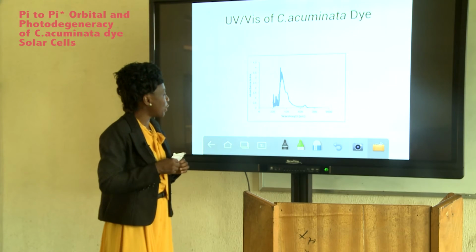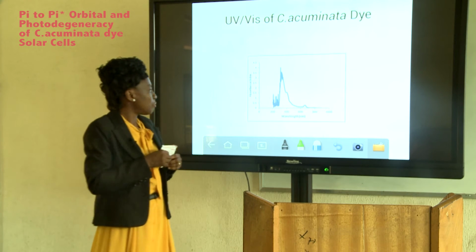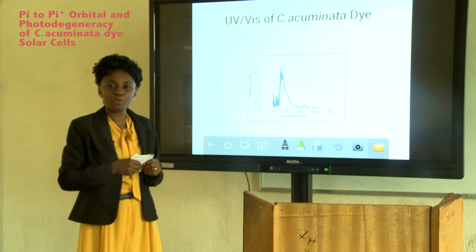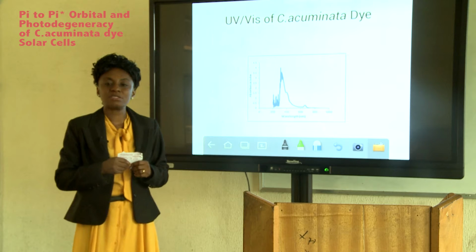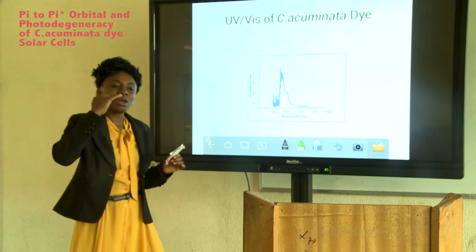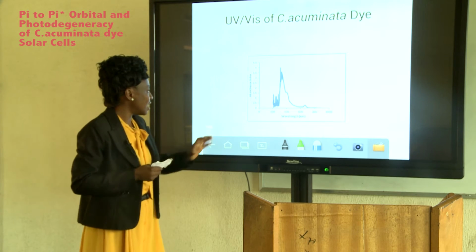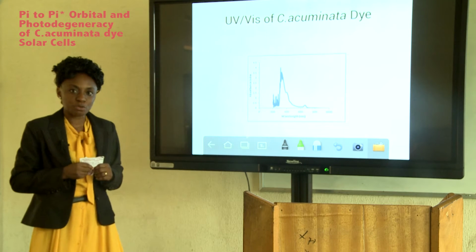And that has to do with sporadic transitions before it stabilizes at 318 nanometers. So the UV tells us what happens from the ground state to the excited state. So this gives a summary of the pi to pi star absorption.